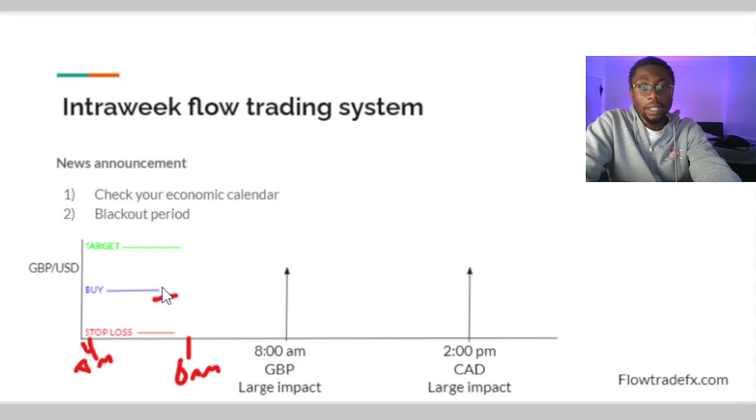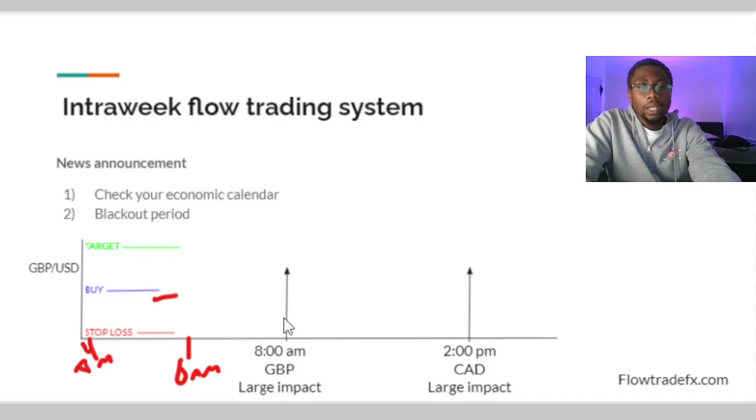If price manages to be floating around your entry more or less by the time the blackout period starts, you can either close this out for a little profit or a little loss at this moment. At any event, it's not going to affect the grander scheme of everything. To avoid hitting your stop loss, you can wait until after to see what the reaction is of this large impact news once the blackout period has ended.